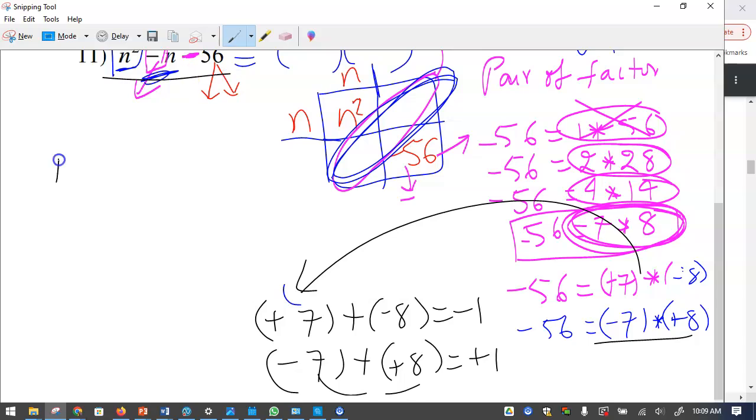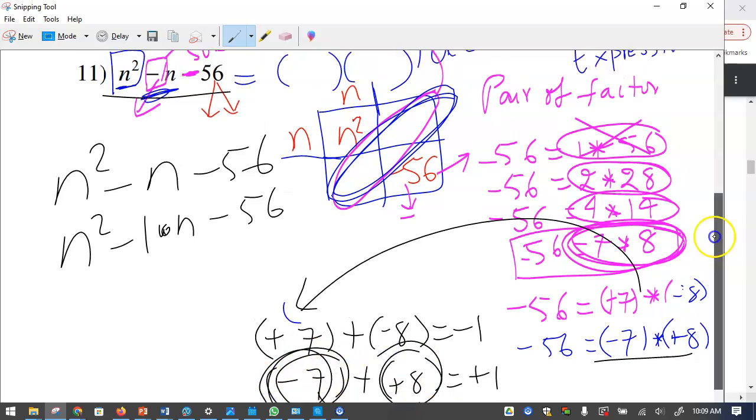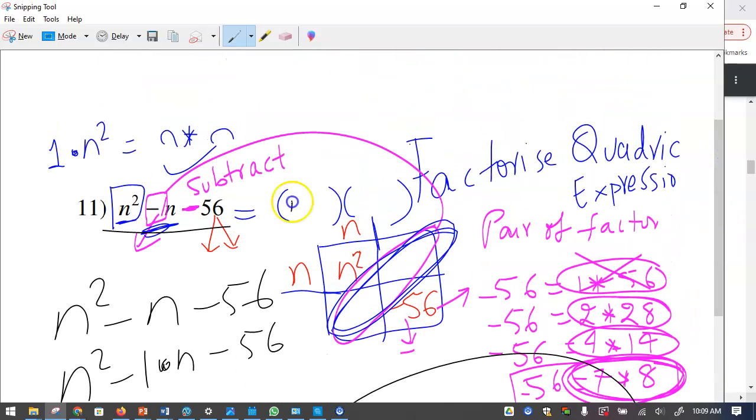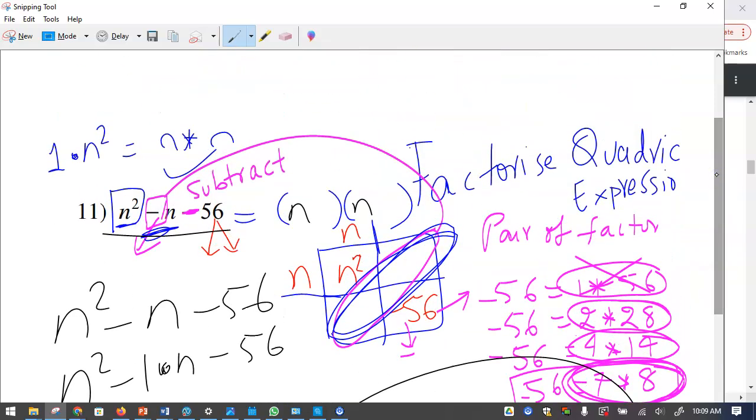But the one that we have here is n squared minus n minus 56, it's n squared minus 1n minus 56. So we have to pick these two values. Your answer is going to be (n minus 7)(n plus 8), and you're done.